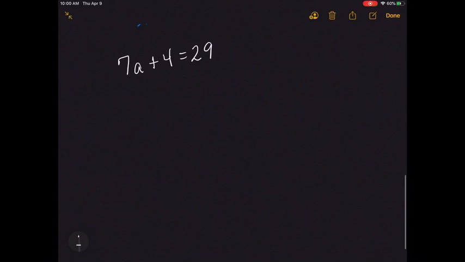Well, when you have 2 different things going on, you've got to think about which one to do first. The first thing you always want to do is try to get the variable by itself. In order to do that, you've got to get rid of that 4 first. If you get rid of the 4, then you'll have the 7 times a, and you can take care of that. Well, how do we get rid of the 4?